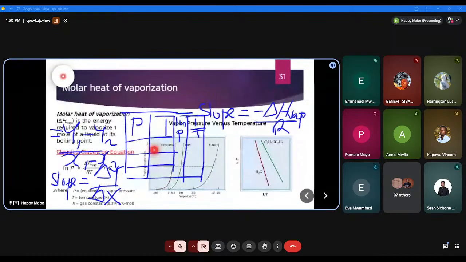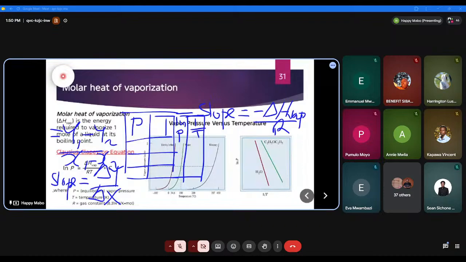Okay, so when you carry out your experiment and you end up with a set of values, you're going to have a column of values for the vapor pressure of your substance. Then you're going to have the temperatures that correspond to the different vapor pressures.